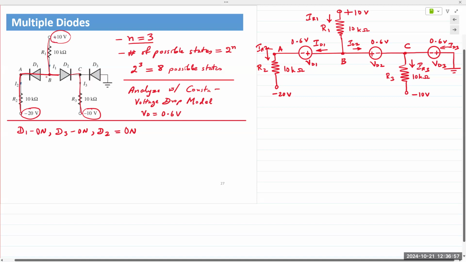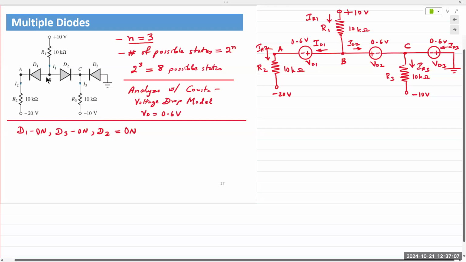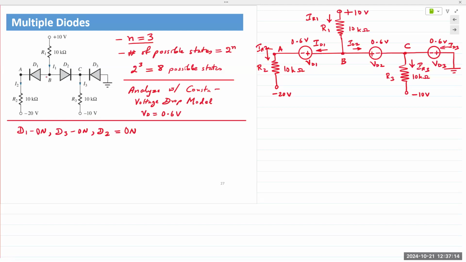So in this case, diode D2 could be on or could be off. Either assumption would be fine. We just don't know yet, right? This is an assumption. We just need a starting point. So we just choose D2 to be on, meaning all three diodes are on, and then analyze the circuit.